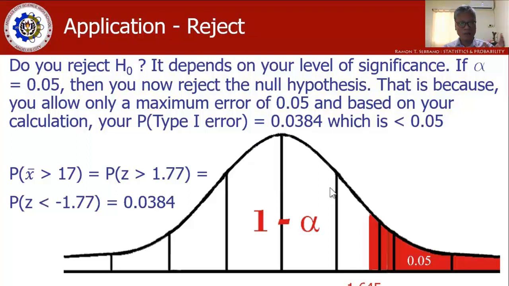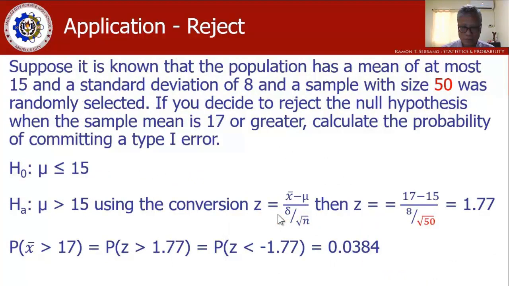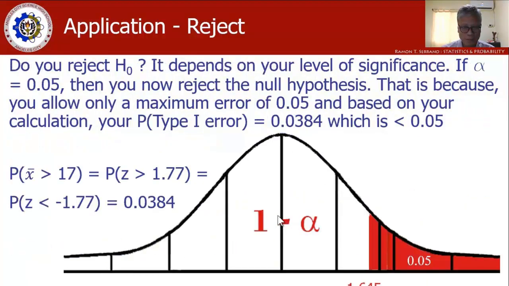And therefore, I will now reject the null hypothesis that the average is 15, and therefore I will now change the new standard of the average.